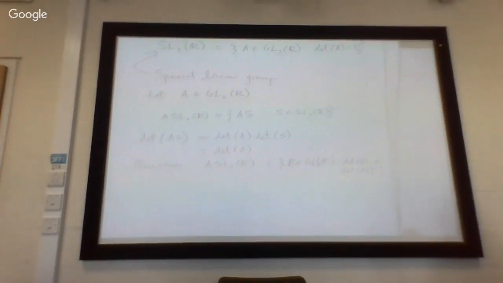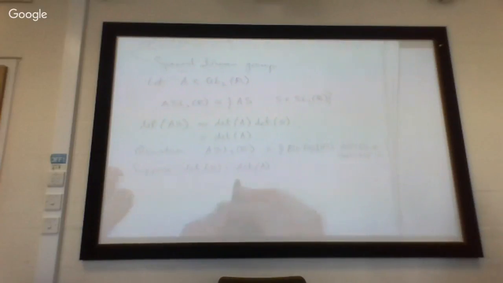Well, suppose the determinant of B is equal to the determinant of A. If we want B to be equal to A times something, what does the something have to be?